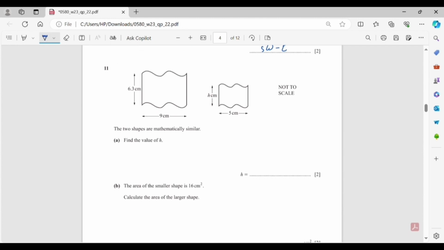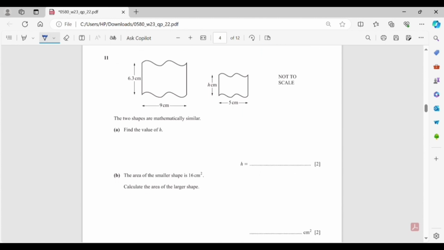Now question number 11. The two shapes are mathematically similar. Find the value of h. When shapes are similar, their corresponding sides will be in proportion. So h by 6.3 will be equal to 5 by 9.